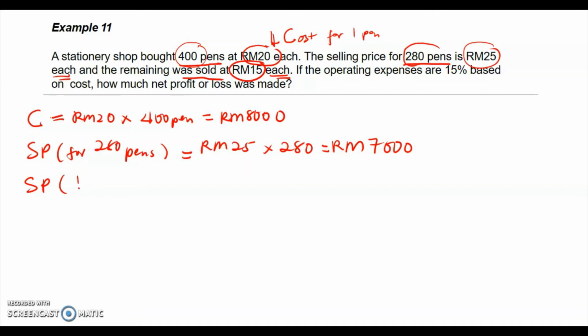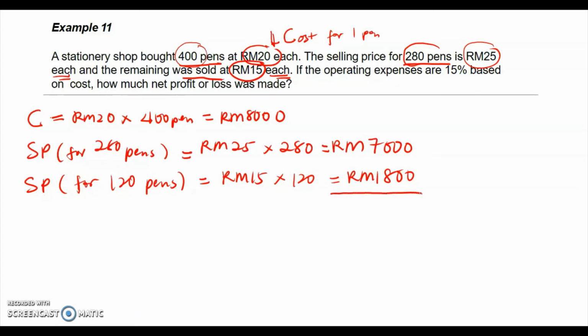So the selling price for 120 pens is 15 ringgit multiplied by 120, so 1,800 ringgit. Now, since we have two different values for selling price, you must find the total selling price. So the total selling price is 8,800 ringgit. This is the selling price for all pens.